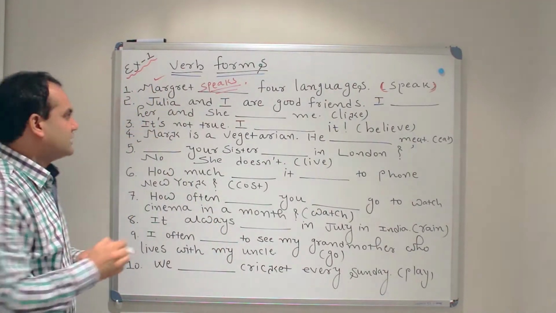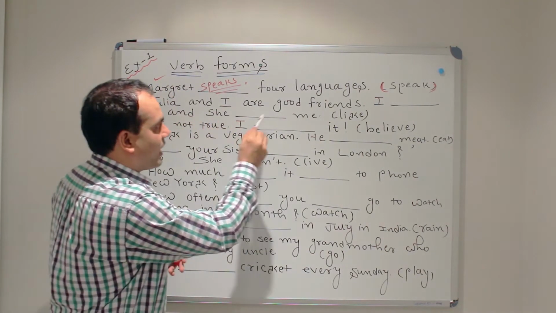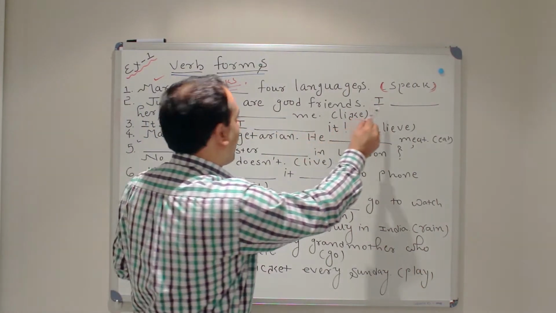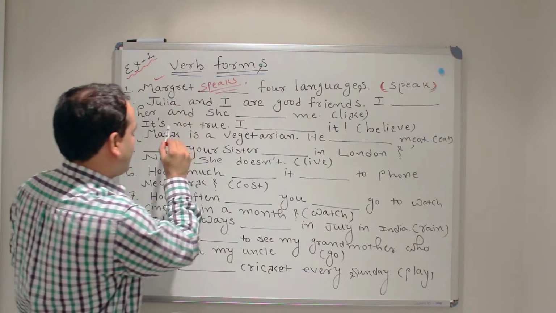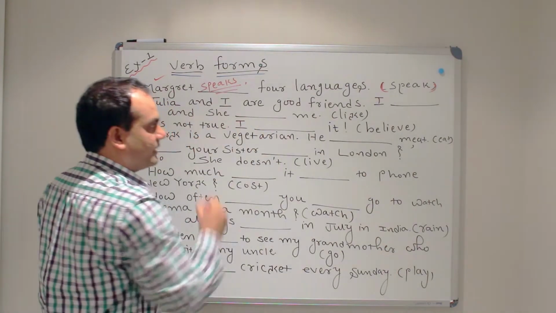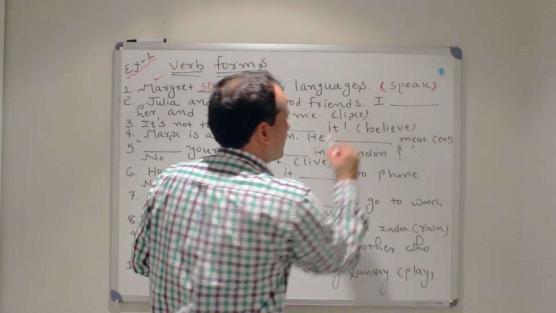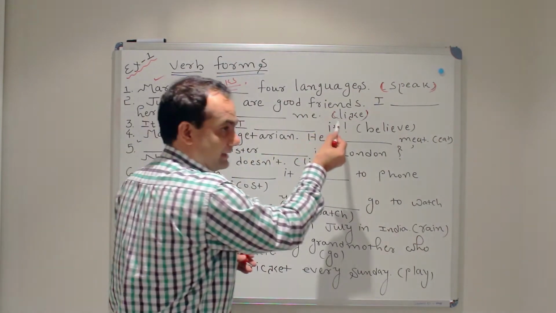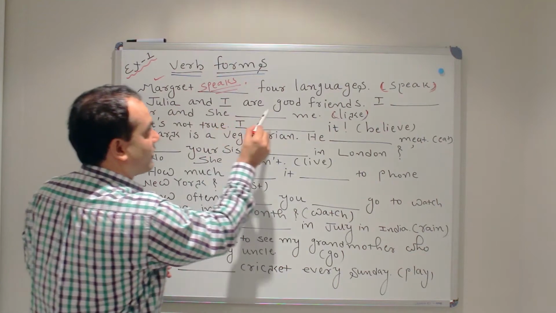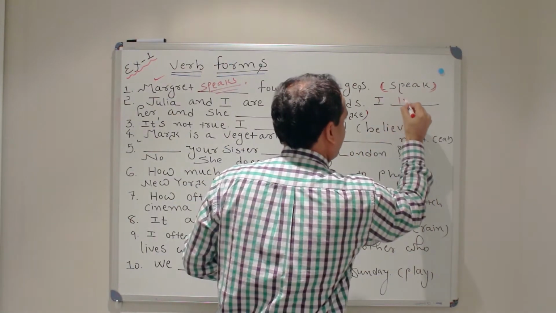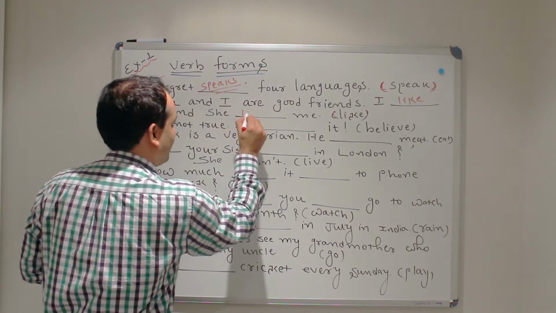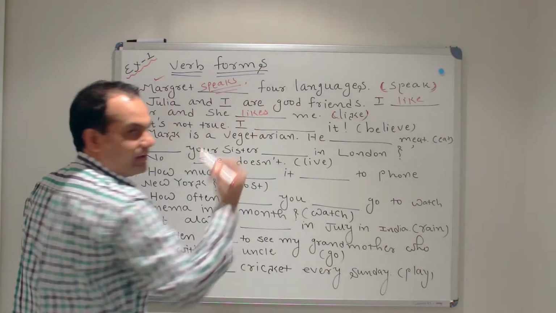Then the second example is Julia and I are good friends. I dash her and she dash me. So the appropriate form of verb that you have to use is like. I like her and she likes me.